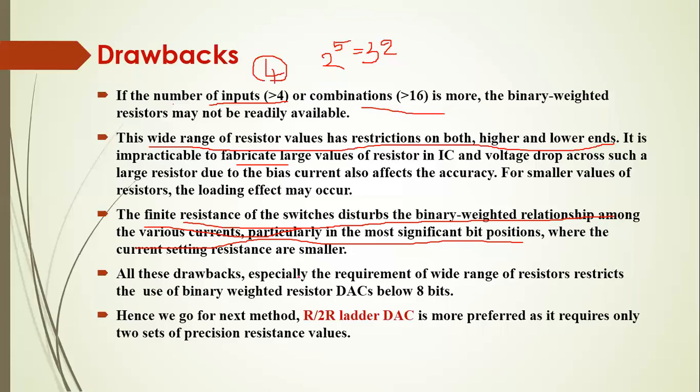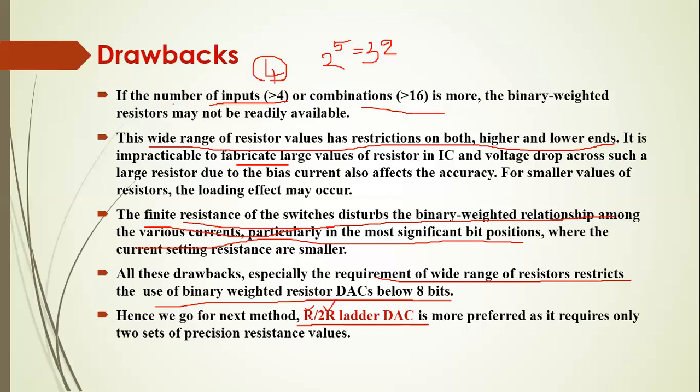And all these drawbacks, especially the requirement of a wide range of resistors, restrict the use of the binary weighted resistor DAC converter below 8 bits. So it is restricted to only 8 bits. More than that, this method is not very successful. Hence, we are going for the next method, that is the R-2R ladder DAC converter, which is more preferable, where we are using only the combinations of 2 resistances.